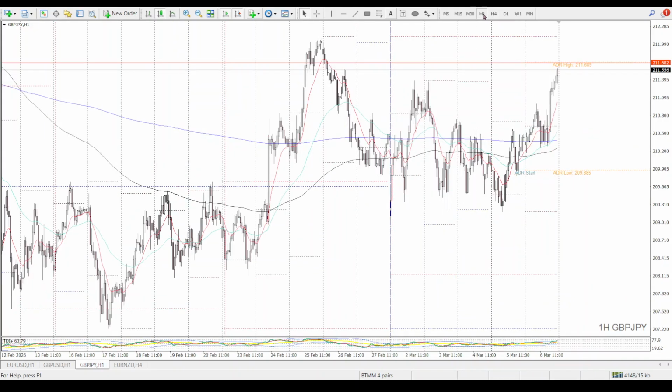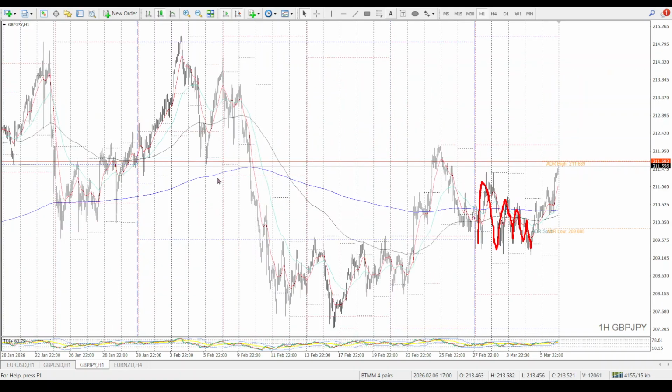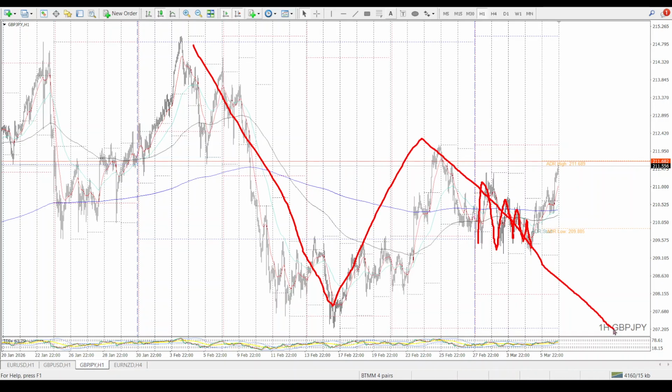So on the H1, this was also tricky. I didn't trade this because we were clearly just squeezing it down, squeezing it down, squeezing it down, and I didn't know, if we look at the higher time frame, is this leg to the downside, bounce, and we go short again?